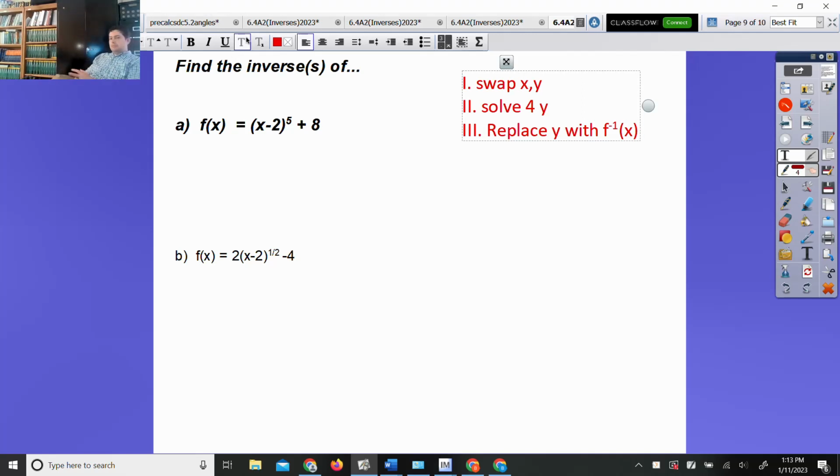So I'm going to do most of these with you. You guys can play along and tell me what to do. But that f of x again, what's that? Just another way of saying y. So I don't expect this to be your first line, but I'm going to type it out. Y is x minus 2 raised to the 1/5 power plus 8.